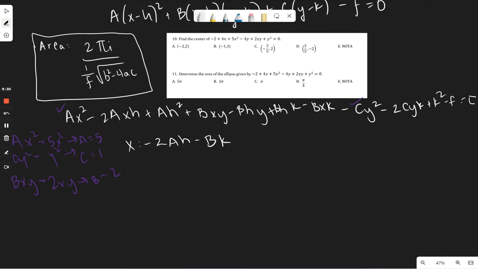That's a y term, that's a constant. So that's going to equal, what is our x term equal to? 4.